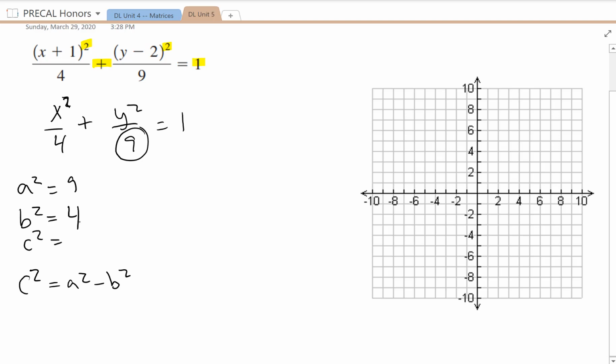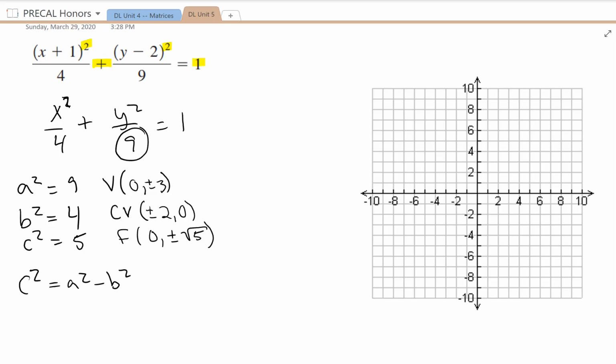Well, 9 minus 4 is 5. So now we have c squared. That gives us vertices, co-vertices, and foci. Since a is under the y quantity, our ellipse will be long ways. It will have a vertical axis. These are its vertices, co-vertices, and foci when we square root.